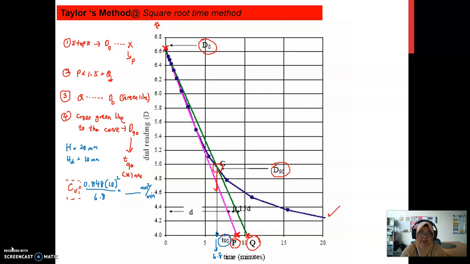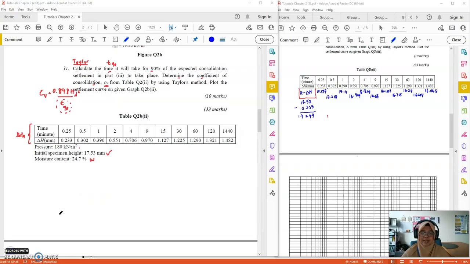Alright, we have already seen both methods, the Taylor method and the Casagrande method. So why not we try one example of the Taylor method. Let's see this example. This is a final exam question from session 2018-2019 semester 1.